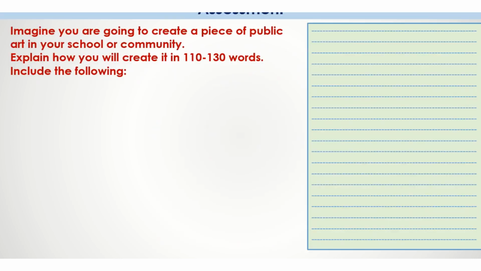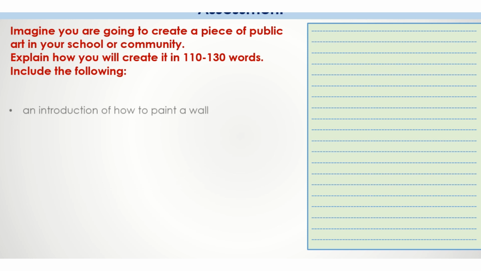Okay, here, this is the question. Imagine you are going to create a piece of public art in your school or community. This piece of art could be inside the school or on the walls of your school from inside or outside, or in your community. Explain how you will create it in 110 or 130 words.